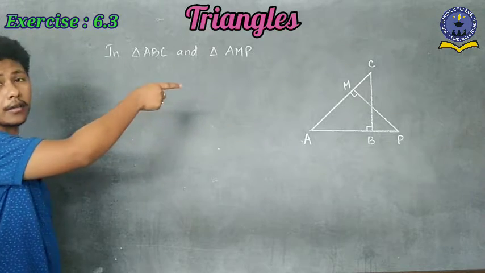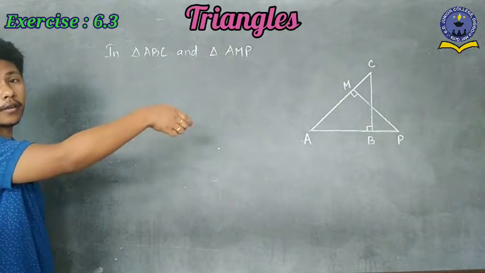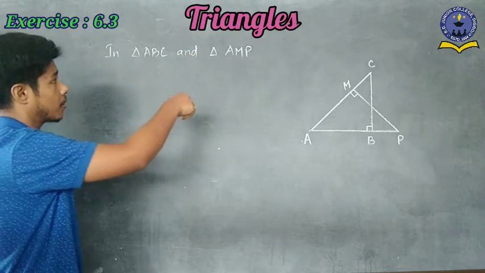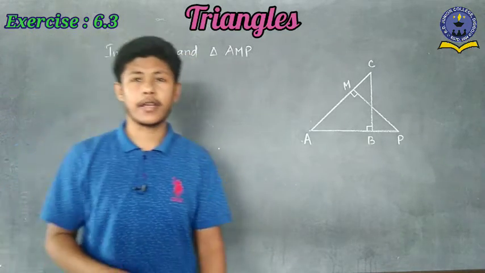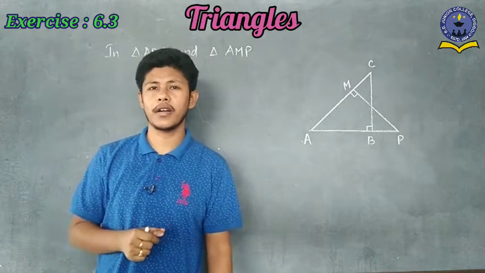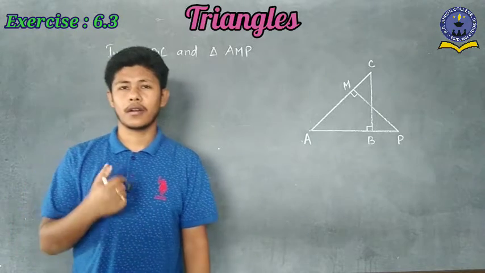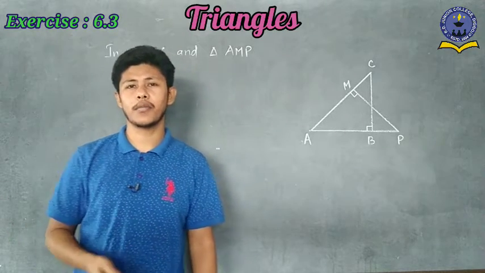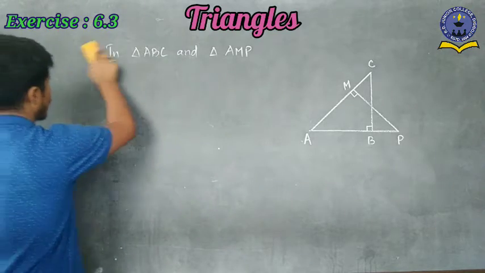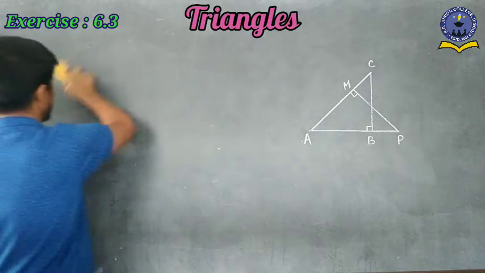We already proved these 2 triangles are similar. If they are similar, then their corresponding angles are equal and the ratio of their corresponding sides are also equal. So from this condition we can easily write the ratio here.